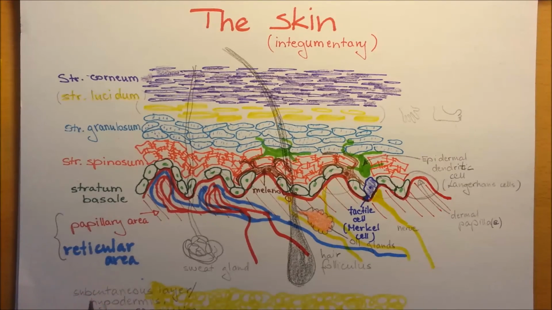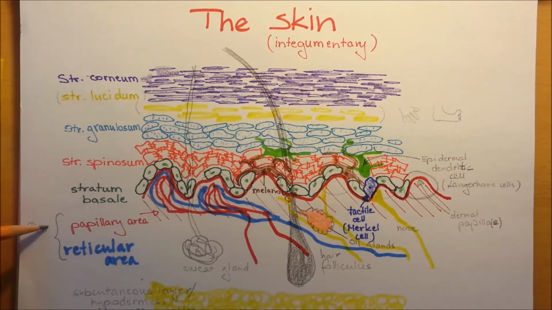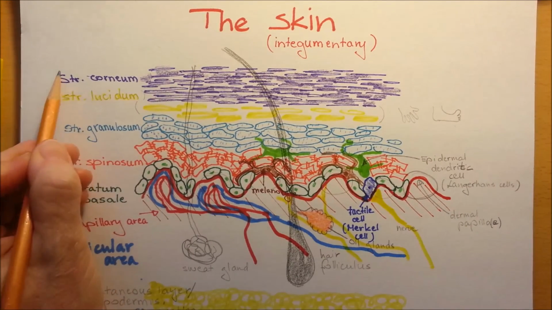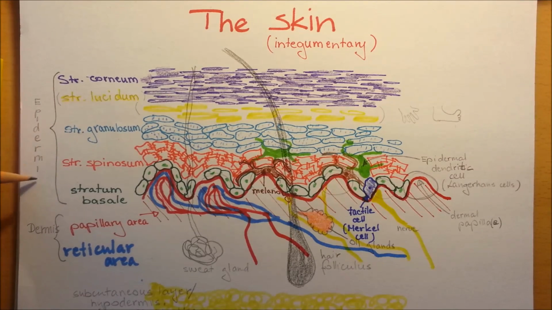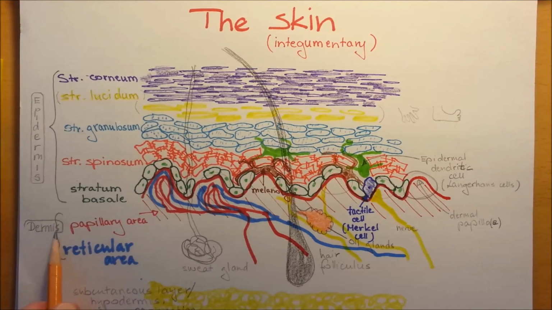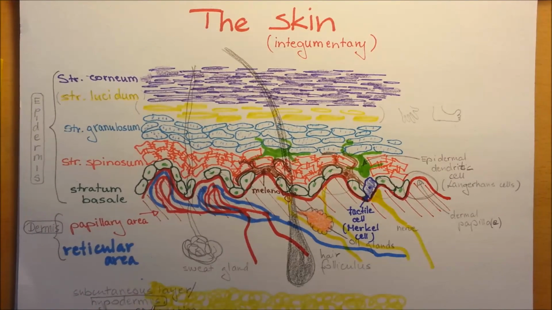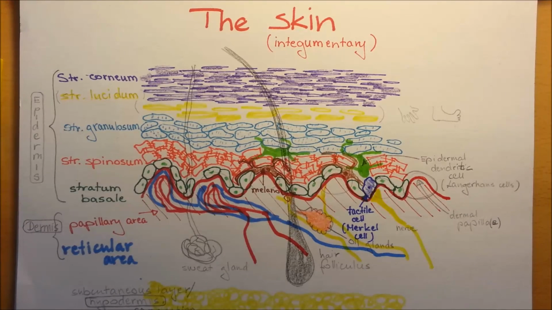The papillary and the reticular area is called the dermis of the skin, the deep layer, and the superficial layer of the skin is the epidermis. Epi means above the dermis. So epidermis, dermis, these are the two layers, and the hypodermis is not really counted as part of the skin.